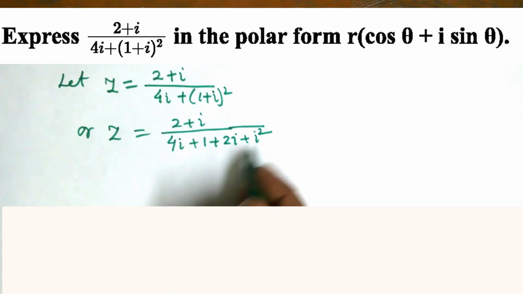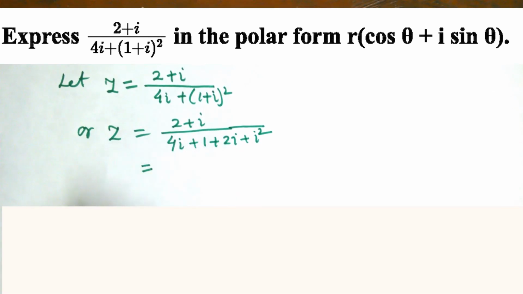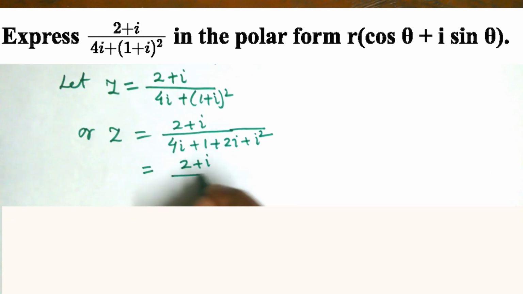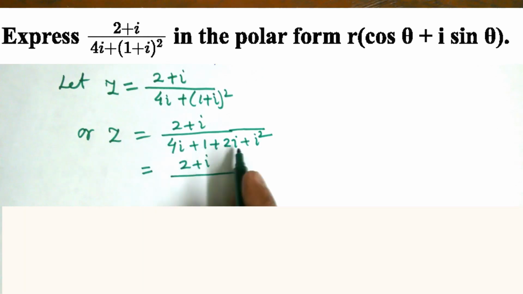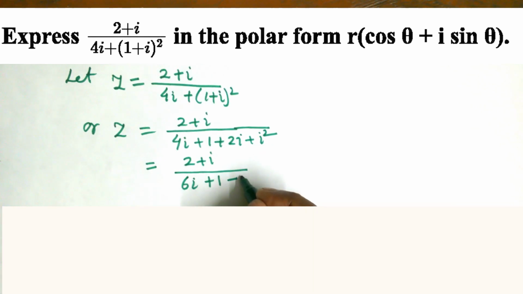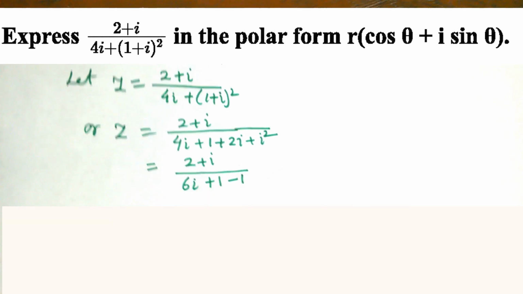Now simply writing, z = (2 + i)/(4i) + 1 + 2i + i², where i² is equal to minus 1.